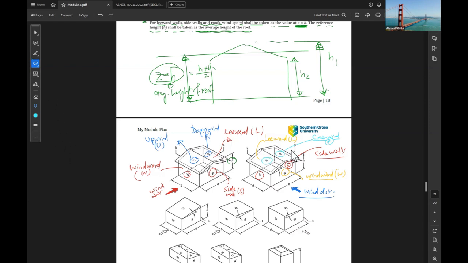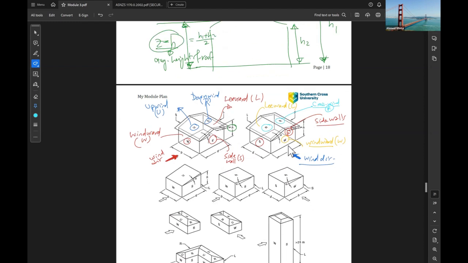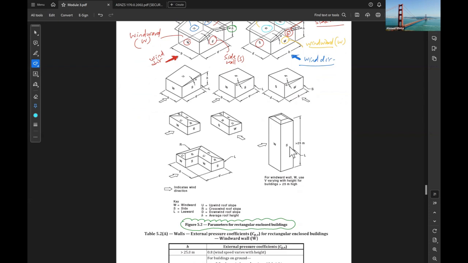Do you have any problem with the definition given by the standard? So we have 3 definitions for the walls and 3 definitions for the roof.